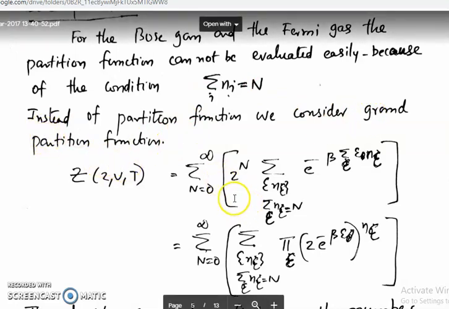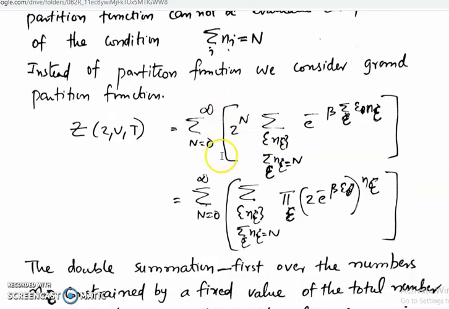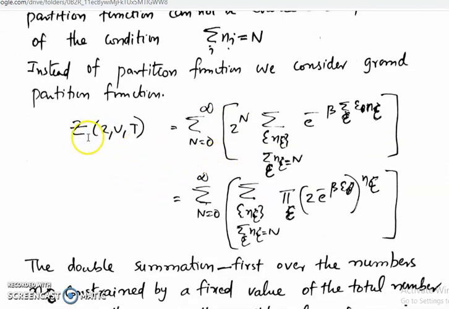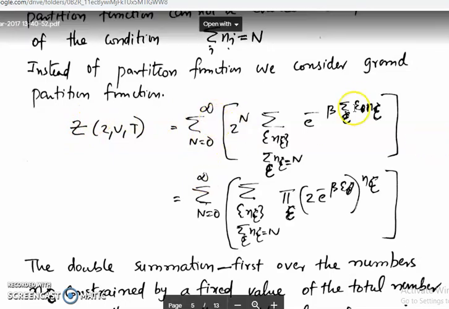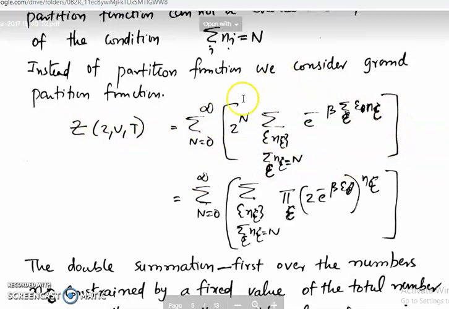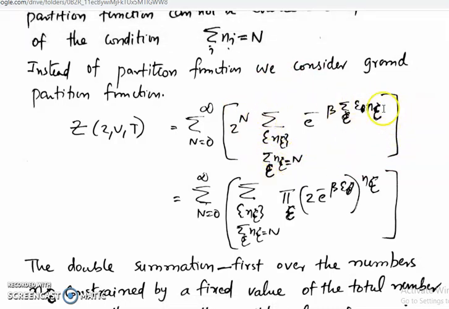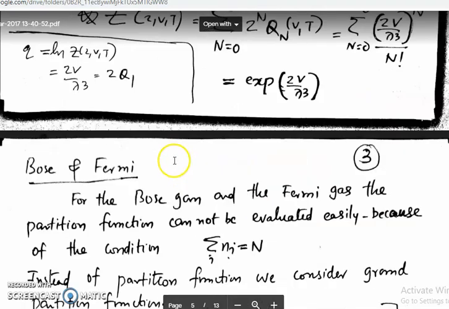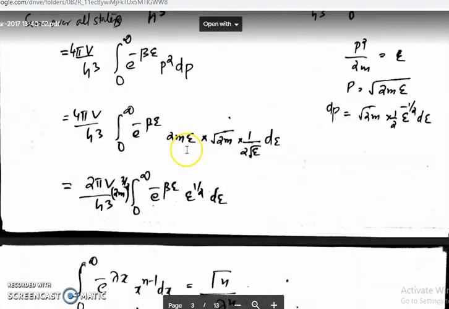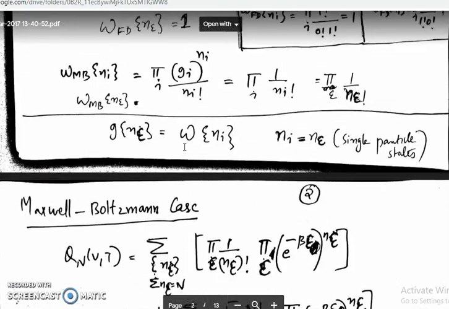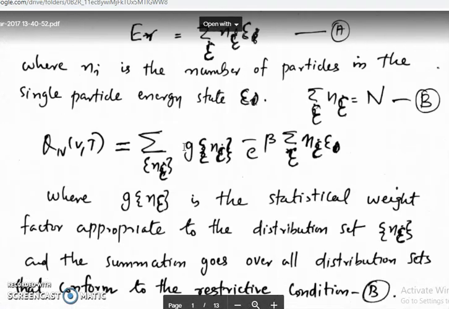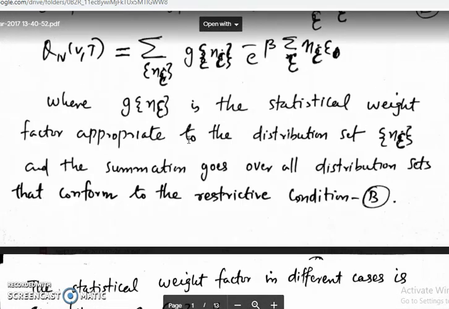What is the grand partition function? We know the grand partition function is this: sigma n equals 0 to infinity z to the power n, and this term is the partition function.